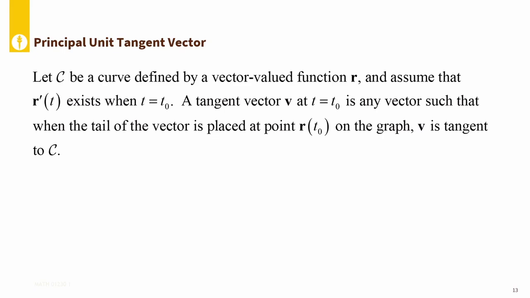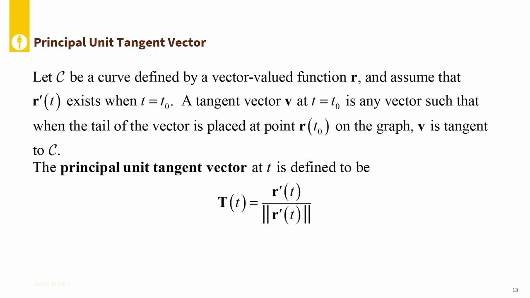It's called the principal unit tangent vector, or just simply the unit tangent vector. And it's found how you would expect. It's R prime over the magnitude of R prime. And the unit tangent is represented as a capital T.